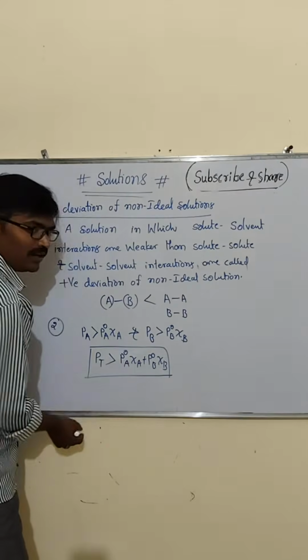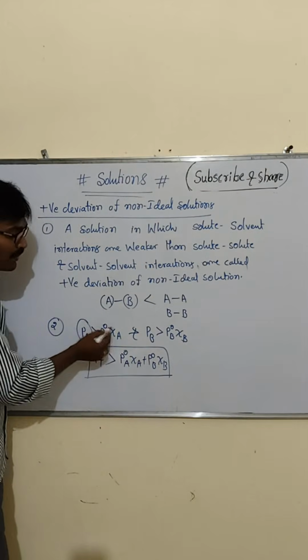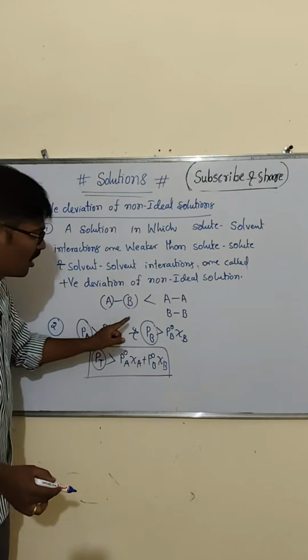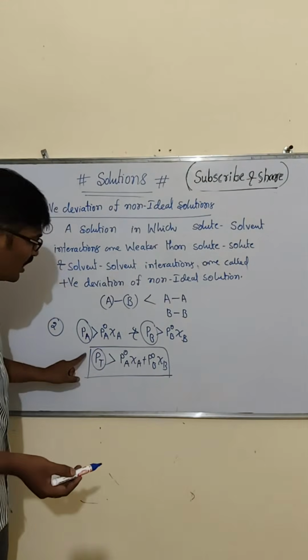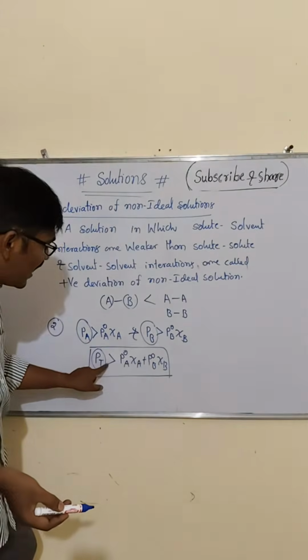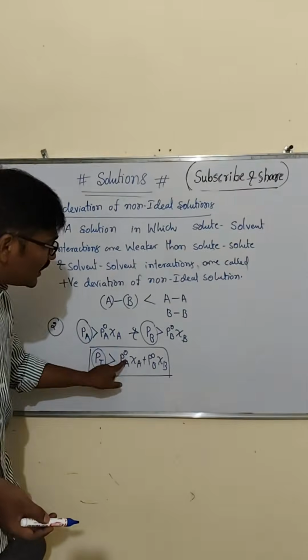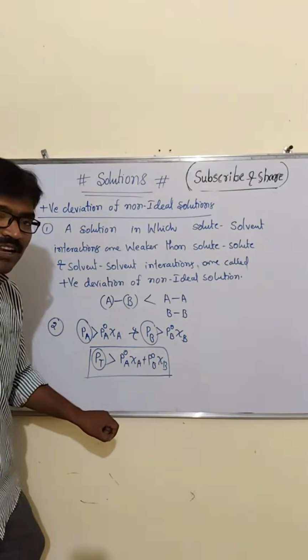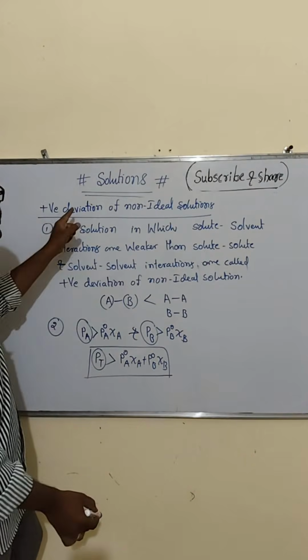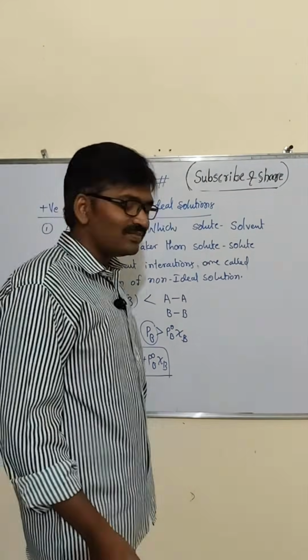The partial pressures of each component are greater than those calculated from Raoult's law. That we call positive deviation from Raoult's law.